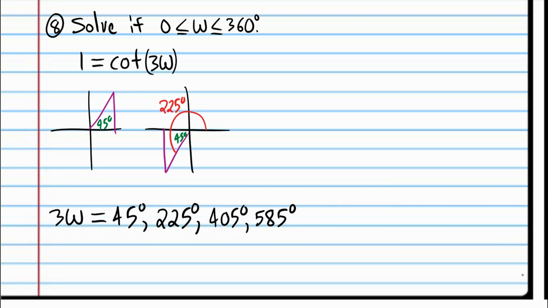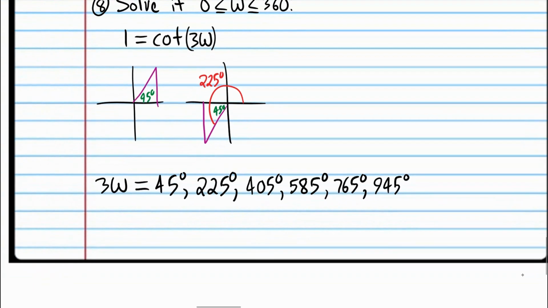So 405 plus 360 is 765. And 585 plus 360 is 945.